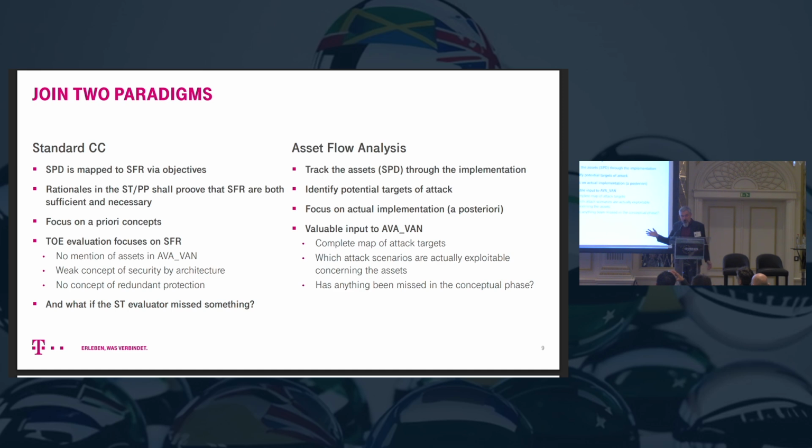And so we can draw a complete map of attack targets, which is the necessary input for the vulnerability analysis, and especially we see if something was not considered in the conceptual phase of the security target generation. And this happens when the more complex the systems become, the more difficult and the more complex the asset flow analysis will be. So this is an incentive for developers to design easy or, say, systems that can be segregated.